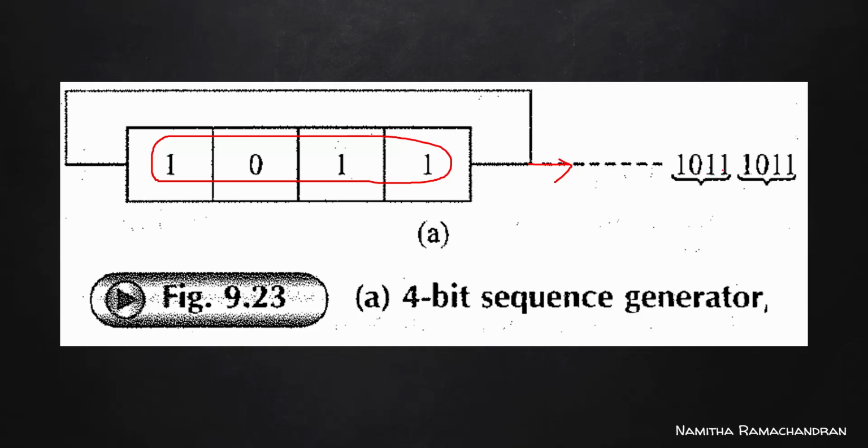First it outputs this bit, next this bit, and then this and this. After the 4th clock pulse, it will repeat the same pattern. So this is the sequence generator circuit using a serial input, serial output shift register.